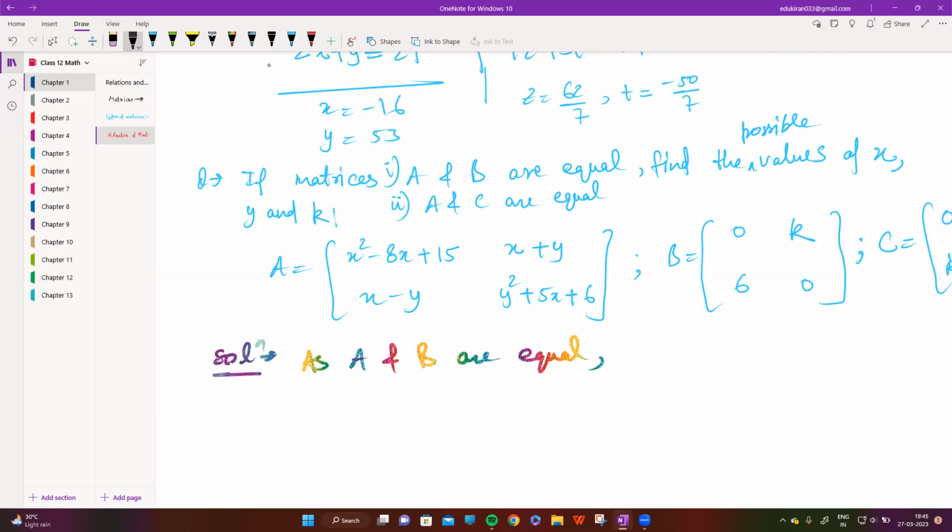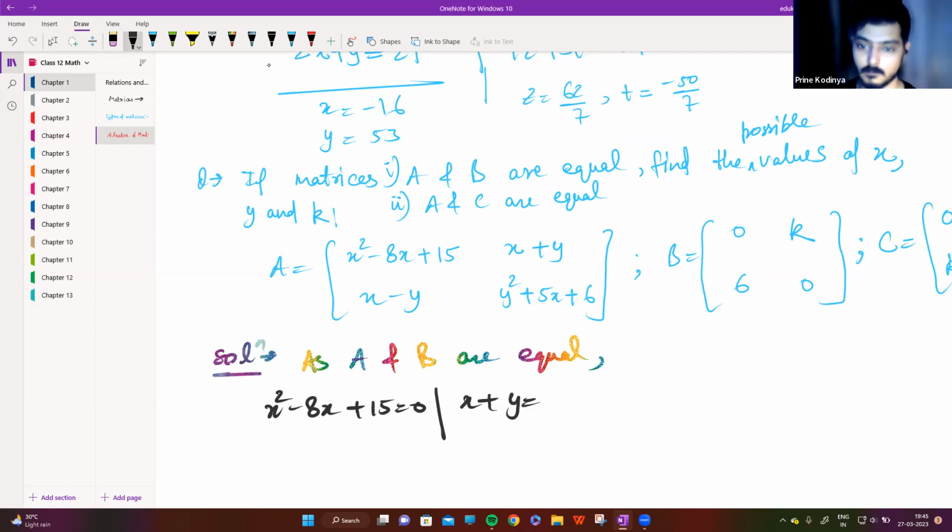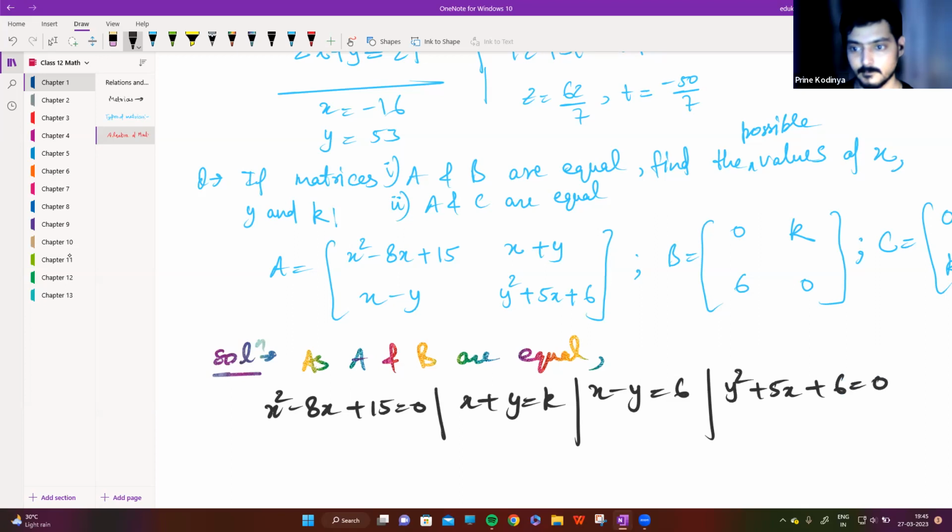It means that x square minus 8x plus 15 is equal to 0 and x plus y is equal to k, like that. Yes. So now let's focus on what we have. We have these 4 equations. Now, which are the equations we can solve? Now focus on this. Sorry, no, this is not 5x.